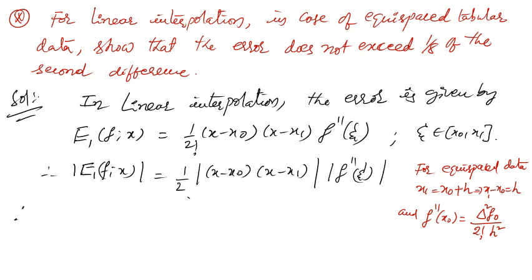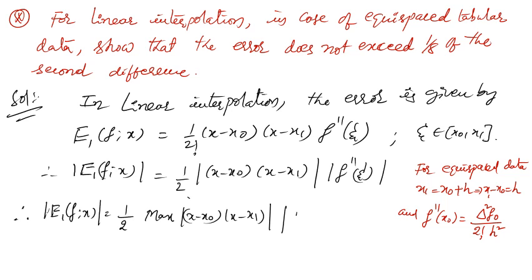Therefore what we have here is modulus of E fx equal to 1/2. This is maximum over (x minus x naught)(x minus x1), and modulus of delta square f naught by 2h square.